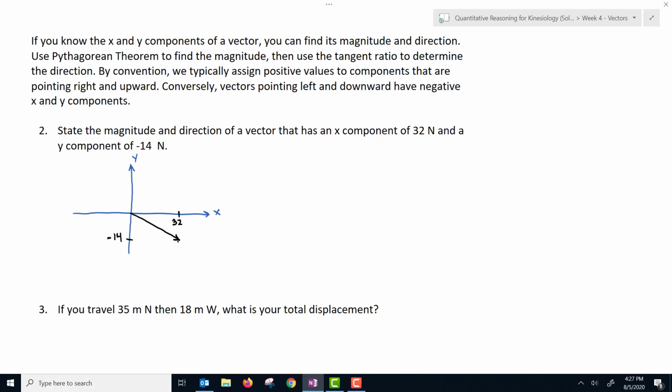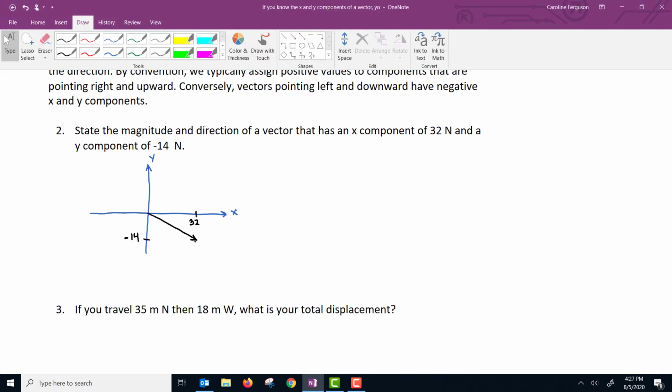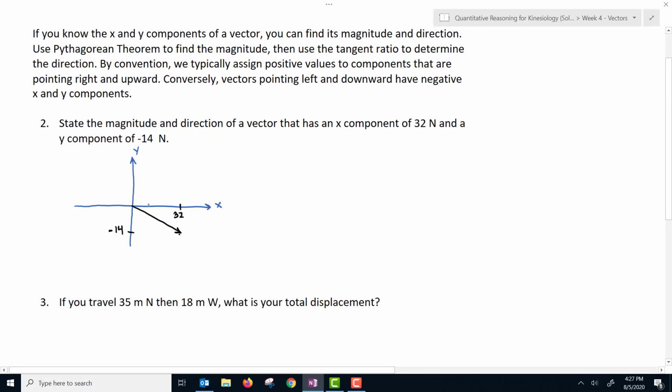Okay, so we want to know what the magnitude and the direction of that is. So we can just make a triangle out of that. So let's say this is our triangle. And we know the x component of the triangle is 32. So that means the length along the x-axis. The y component is 14.